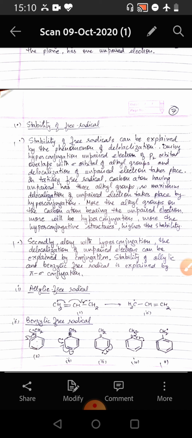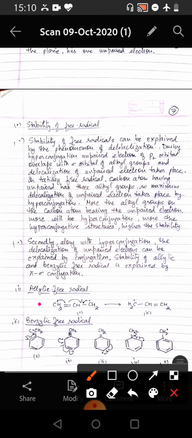Secondly, along with hyperconjugation, the delocalization of unpaired electrons can be explained by conjugation. Stability of allylic and benzylic free radical is explained by pi sigma conjugation. For example, in this allylic free radical, the double bond is between CH2 and CH, and then this CH2 has the free radical.